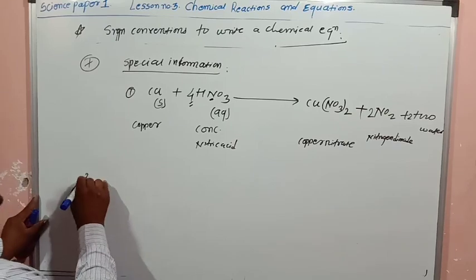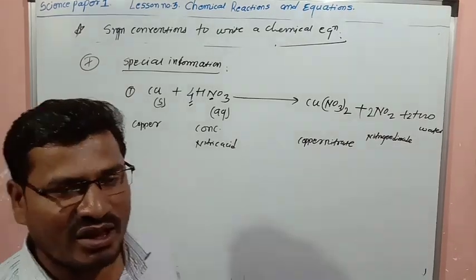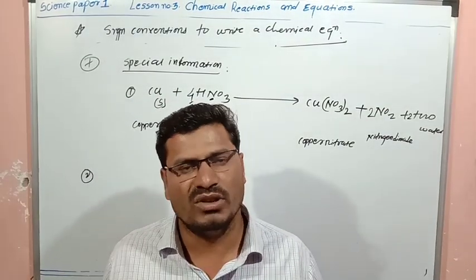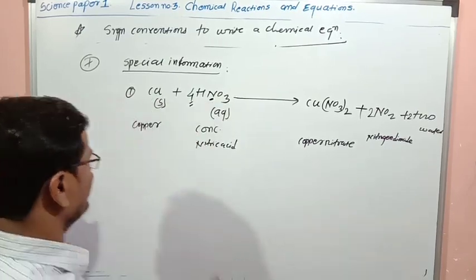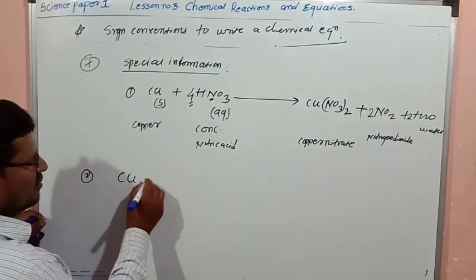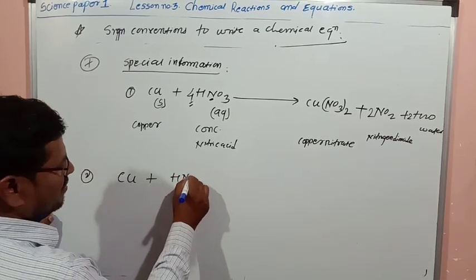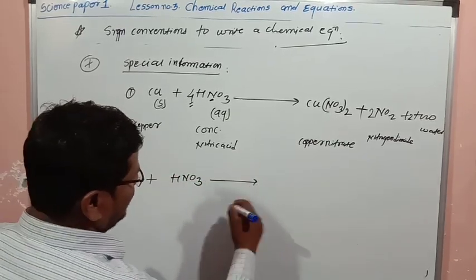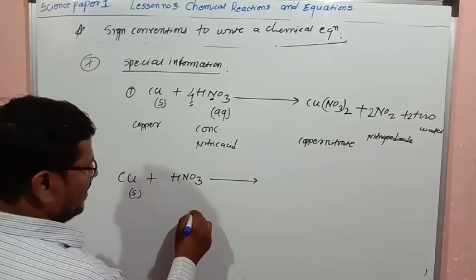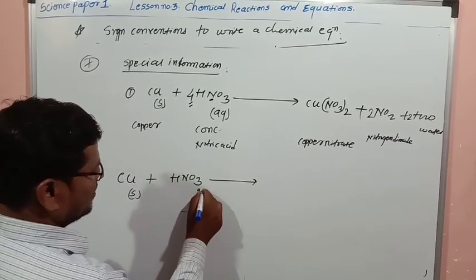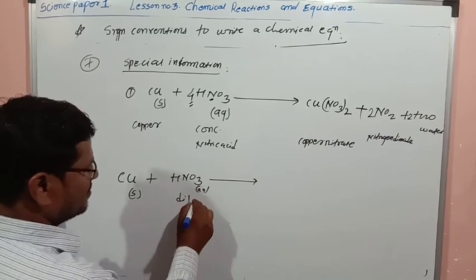The second thing is, if you take dilute nitric acid, what will be the reaction? That one we have to study. So Cu as it is, HNO3 is there, and a reaction will take place. Now this one is solid, this one is aqueous, this one is aqueous, but it is dilute.